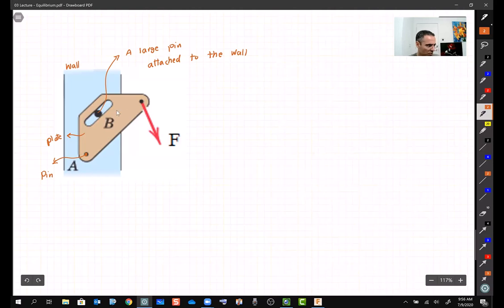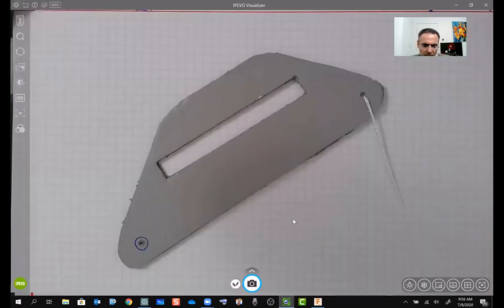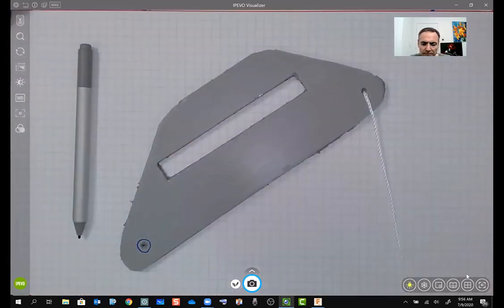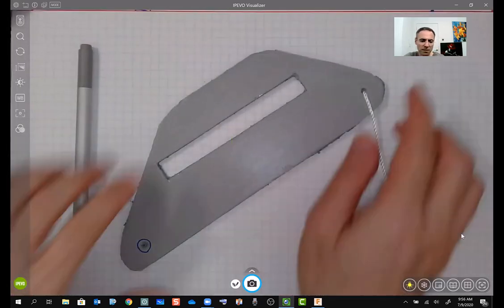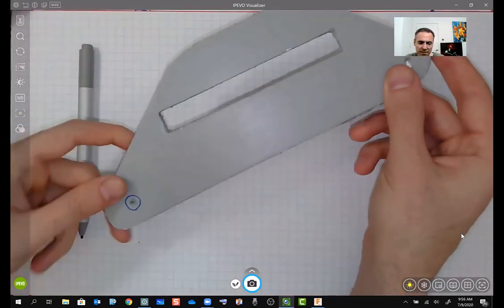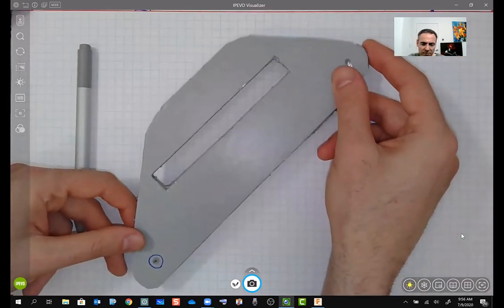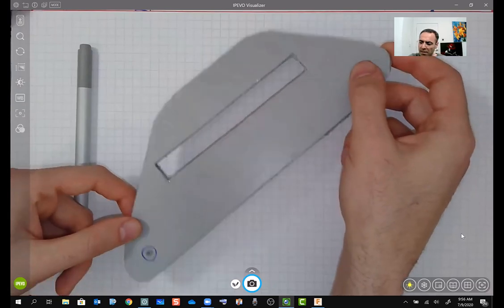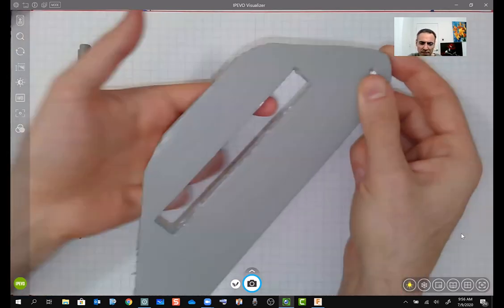Let me show you something here. Let's say this is the plate that we have. It has a thickness. It has a groove inside, see, I can put my finger.